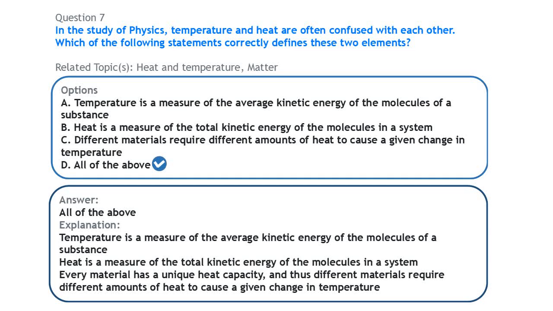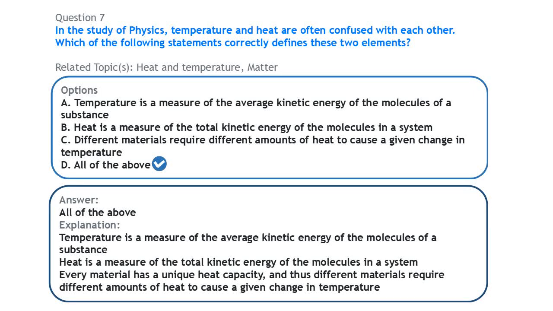Different materials require different amounts of heat to cause a given change in temperature. This is true as well, that every material has a unique heat capacity, and what that means is that if you supply the same amount of heat to two different substances, the temperature change in those two substances may not be equal.